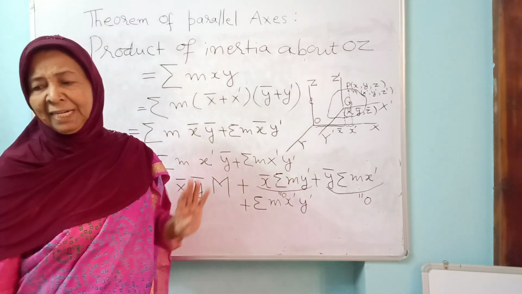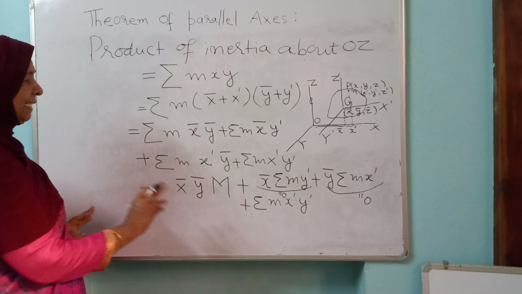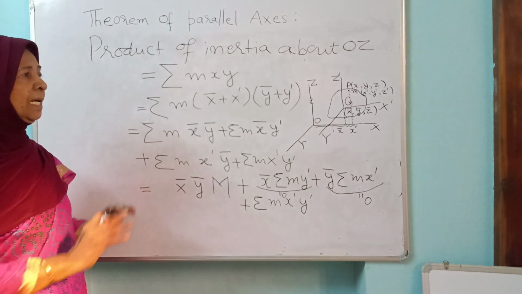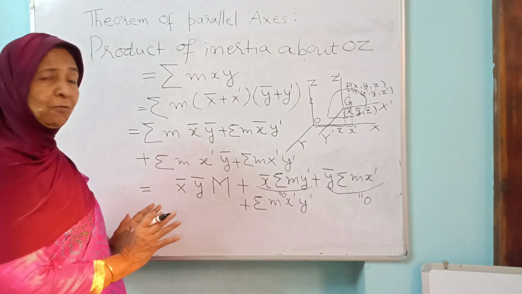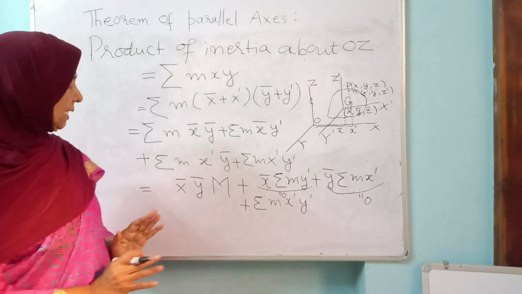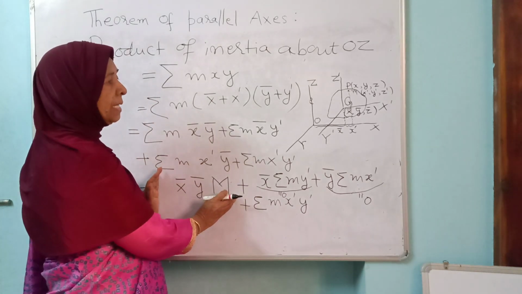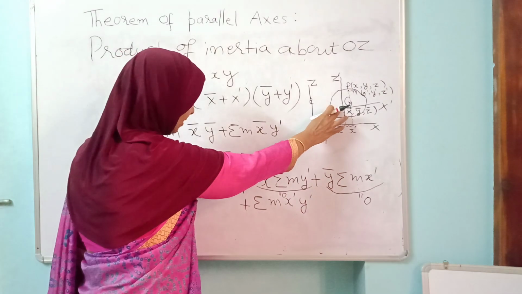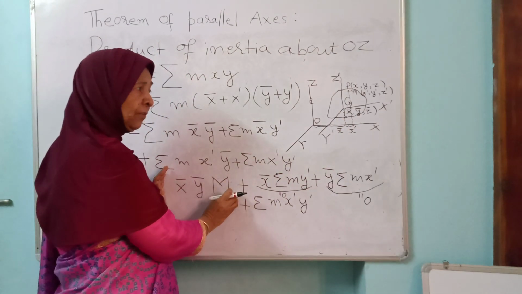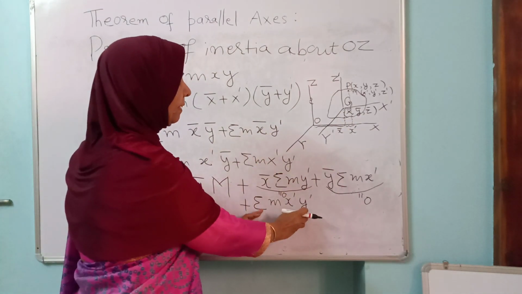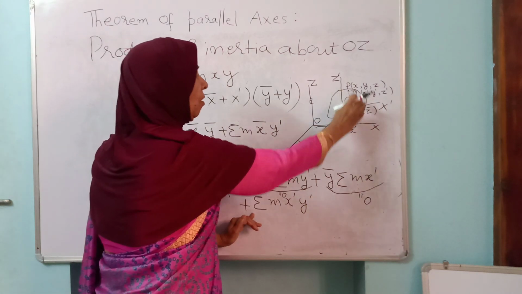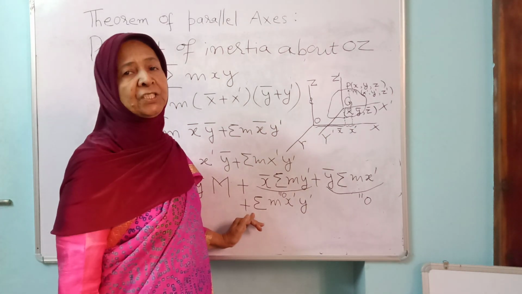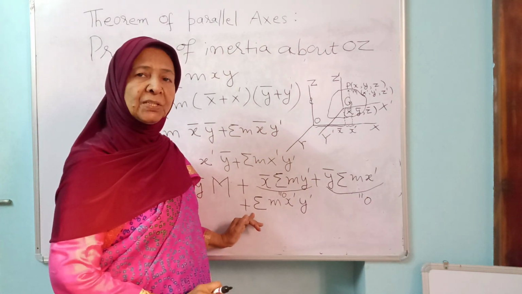So you have obtained the same result: the product of inertia about the z-axis is the sum of two quantities. One is the product of inertia when the total mass is collected at G, the center of gravity, plus the product of inertia of the body with respect to gx dash, gy dash, gz dash.